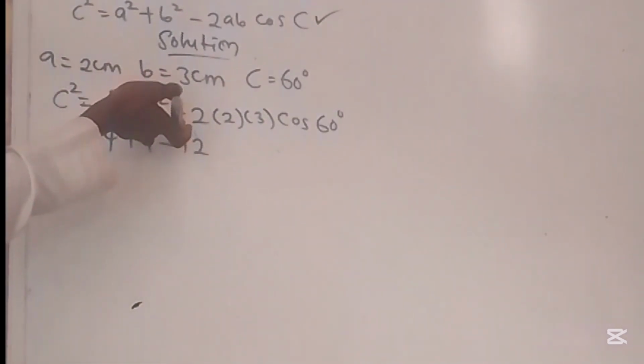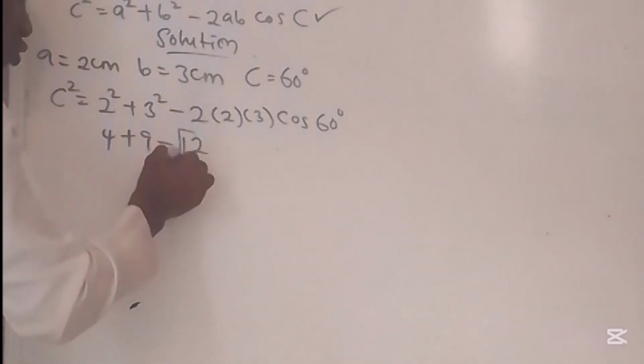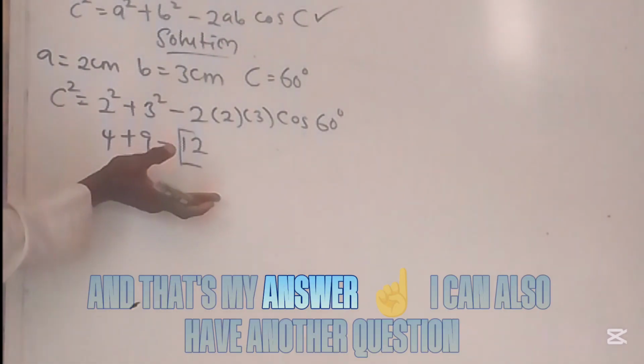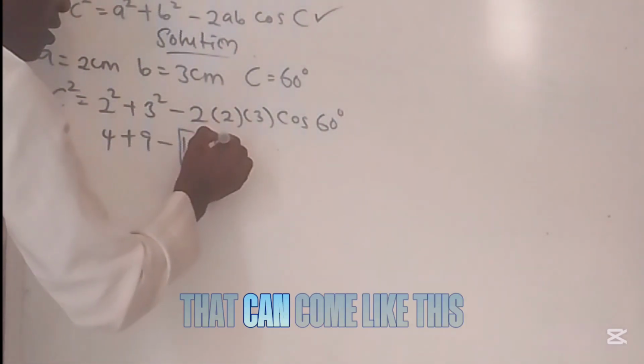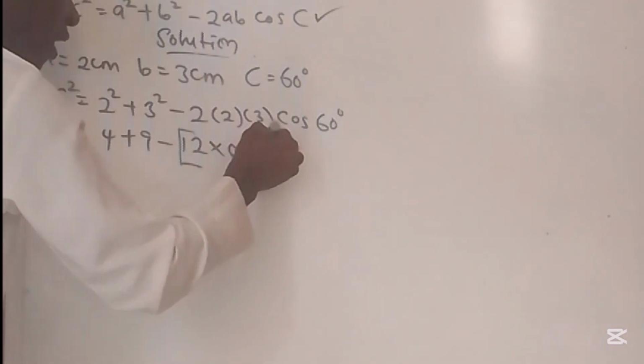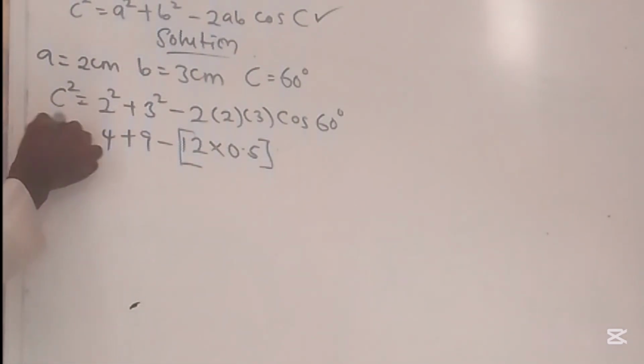Please be very wary of this minus. In fact, put a bracket, a parenthesis in front like this. Cos 60 is 0.5.